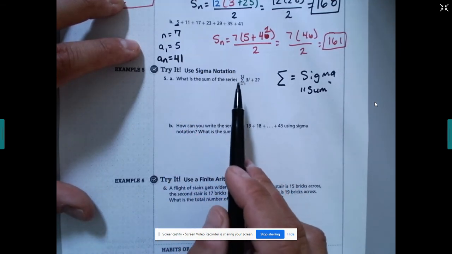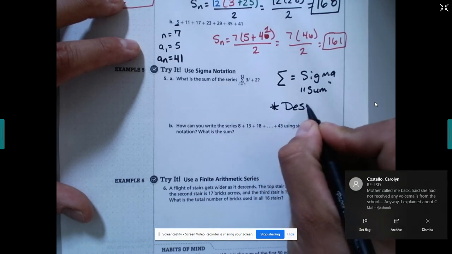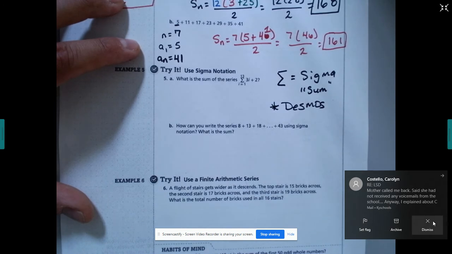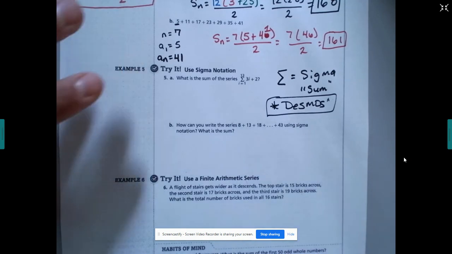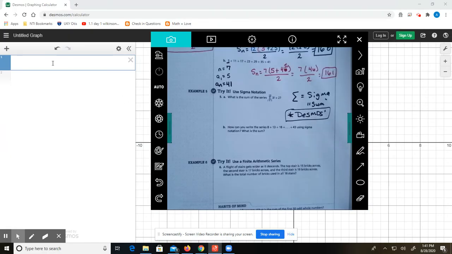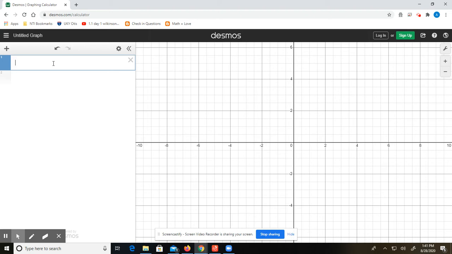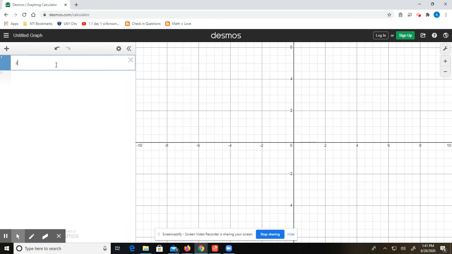Whenever you see this symbol, we are going to use our calculator. We are going to use Desmos or your graphing calculator in order to solve that, okay? So I'm going to show you exactly what it looks like. To use Desmos, I get out of this screen and go here. If you want to use Desmos to do a problem that has sigma, so a problem with that symbol, you're going to go to Desmos and type in the letters S-U-M, and up will pop that symbol.